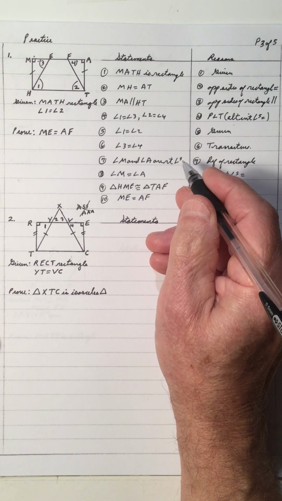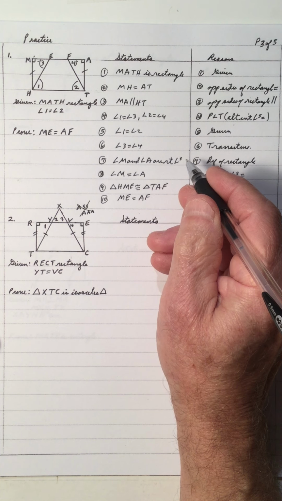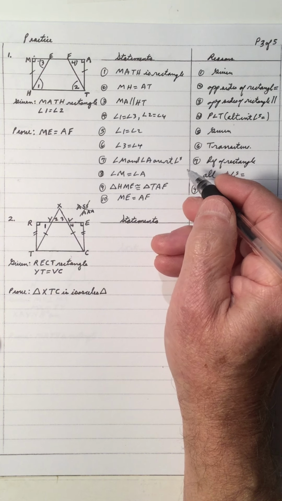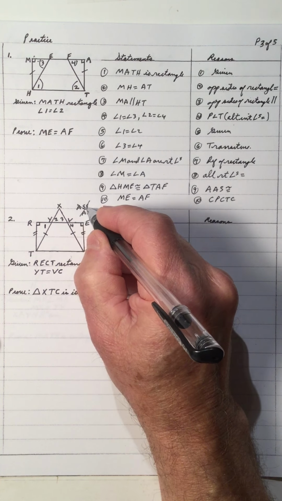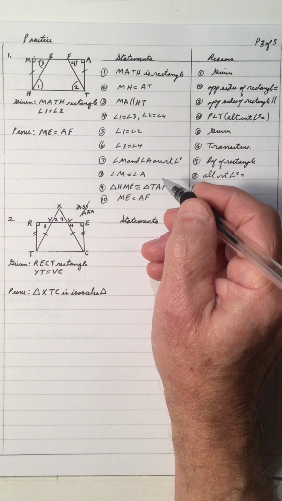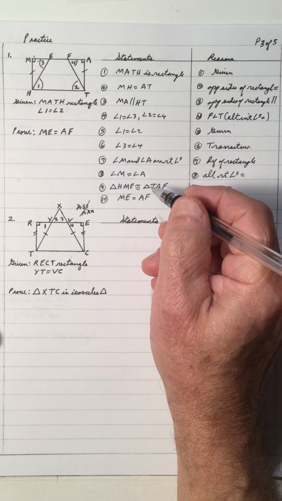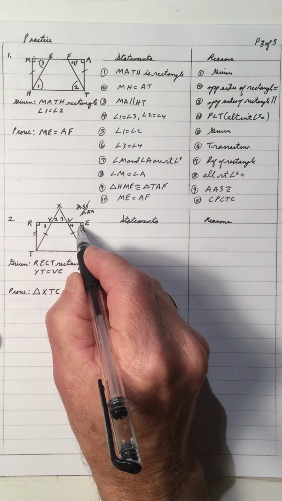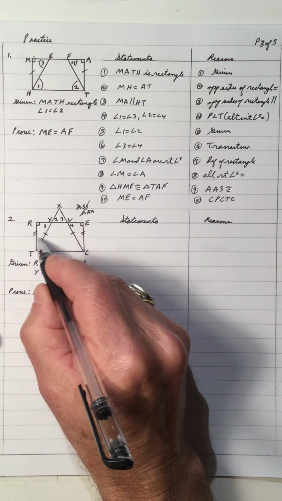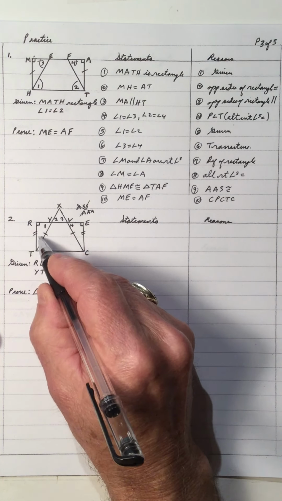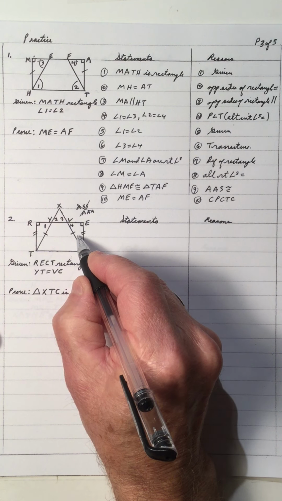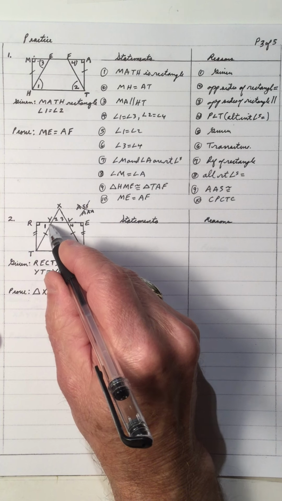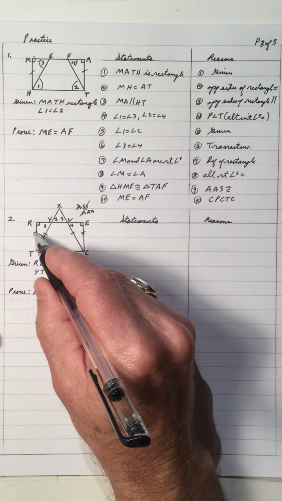We can have AAS, ASA, SAS, SSS, HL, but we can't have ASS or AAA. Those don't prove congruent triangles. So we say these are right angles, and because they're right angles, we have right triangles here and here. Therefore, these triangles can be congruent by H, hypotenuse leg, HL.